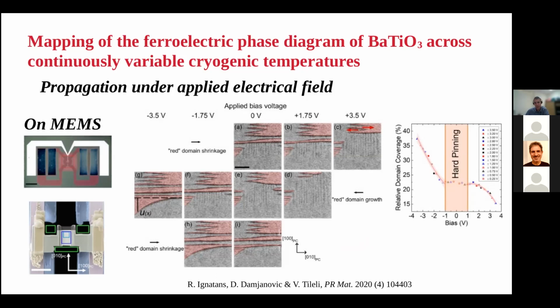She applied some electric field across the MEMS, across the BaTiO3 sample, and then she could see that when you apply a small electric field, you have no movement of the ferroelectric domains. So that's the region that she called hard pinning. And when you start to add a larger field, then you start to be able to follow the propagation of the ferroelectric domain. That was done at room temperature.